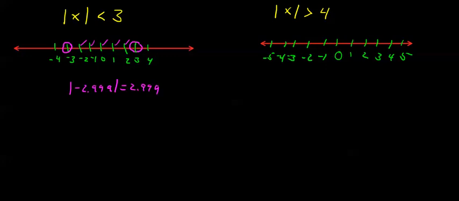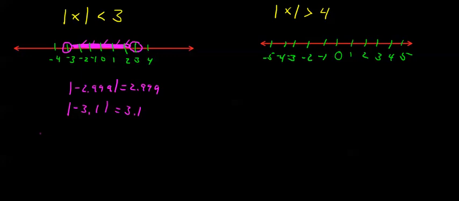But if I go a little bit farther, absolute value of negative 3.1 equals 3.1, not less than 3. So all the numbers in between here, all those numbers have an absolute value of less than 3.